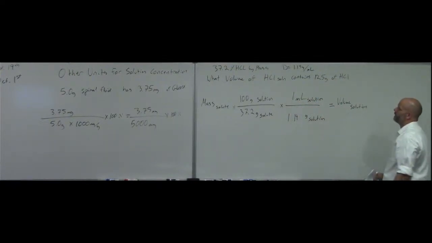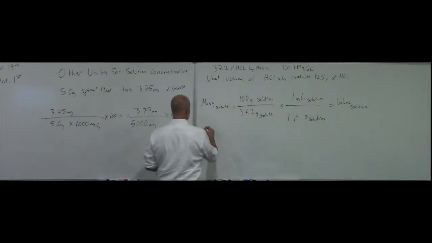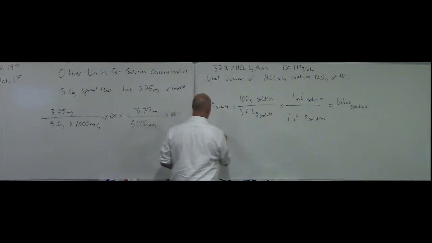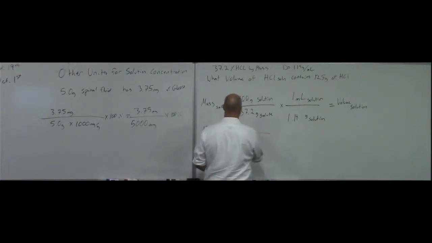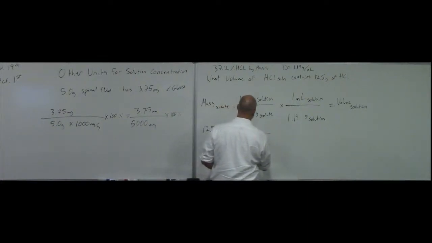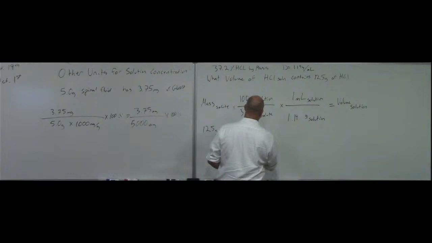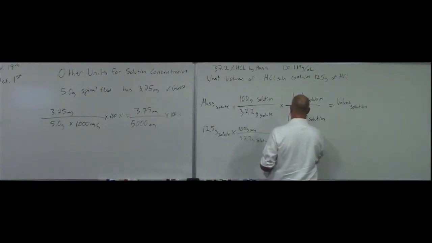exactly what I want. So if I run this formula again, I go 125 grams of solute times 100 grams of solution over 37.2 grams of solute. Solute's going to cancel. Everything else here is pretty much going to remain the same as what we wrote.